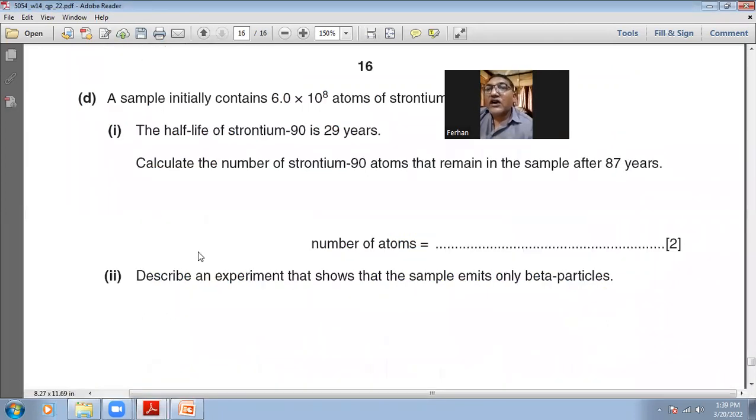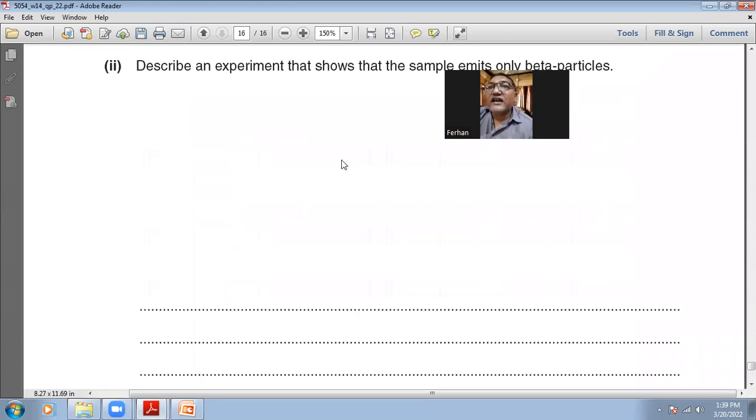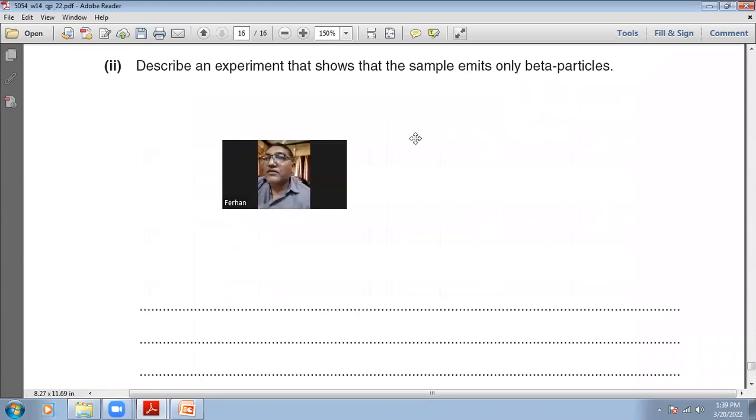Okay. Now the next question is a 4 marks question. It says, describe an experiment that shows that the sample emits only beta particles. Okay, so the strategy is very simple. You take the GM tube and check how much the background radiation is.